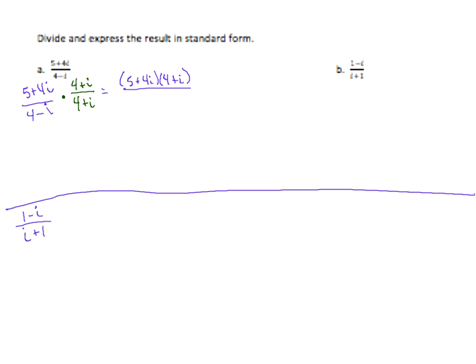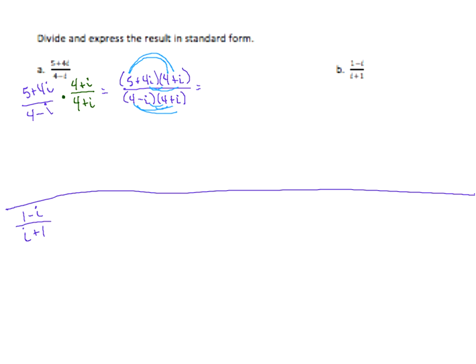And the denominator is 4 minus i times 4 plus i. All right, so I'm going to do the distribution now. And do all this distribution as well.